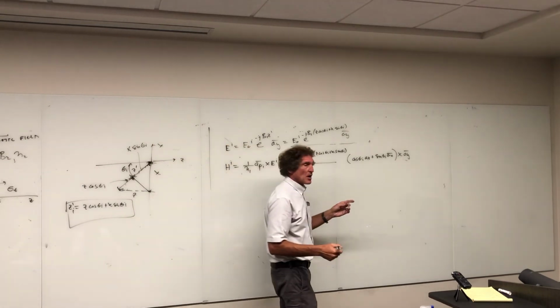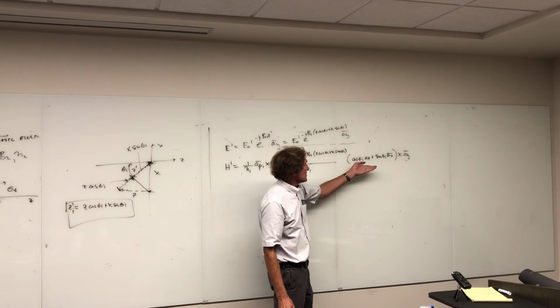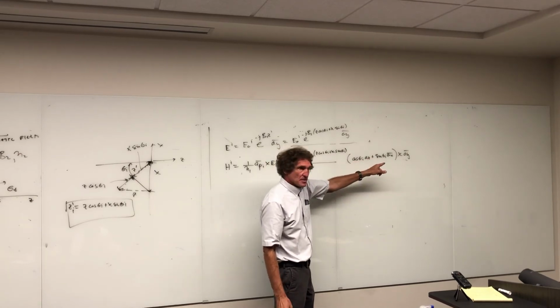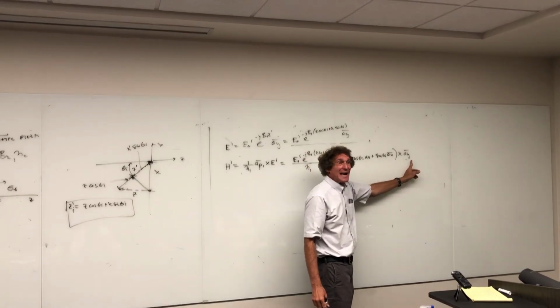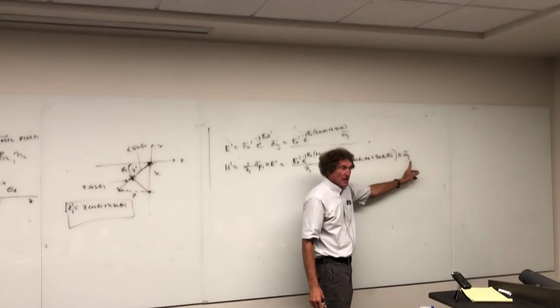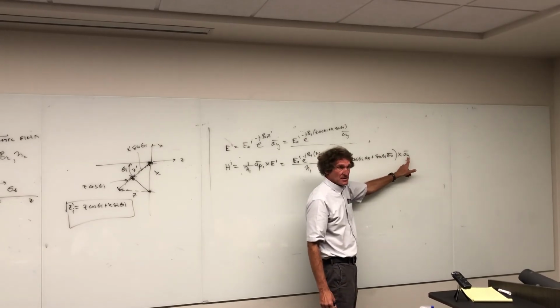Now, when you do the cross product, this is the last step. I had to take the unit vector in the direction of propagation crossed into the E field, which is just ay. Follow me? When you do it, az crossed ay is minus ax. Do you see that? And then I have ax crossed ay is positive az.